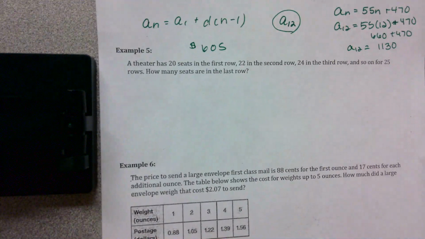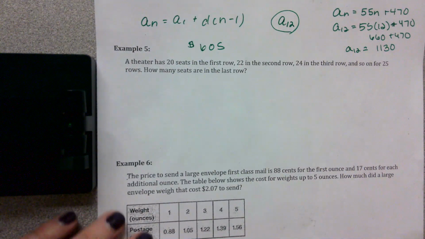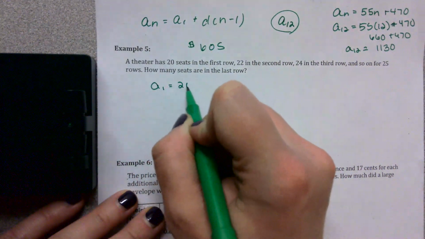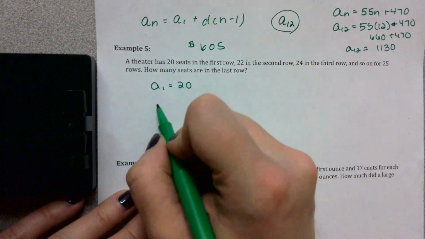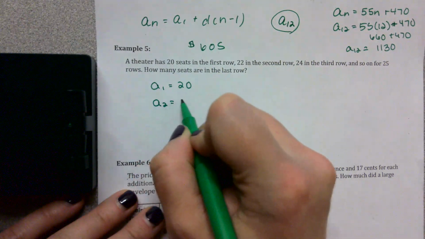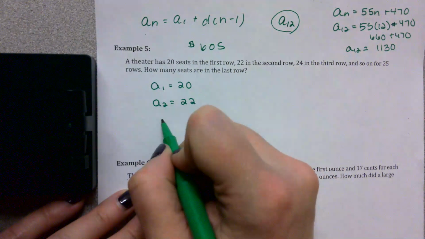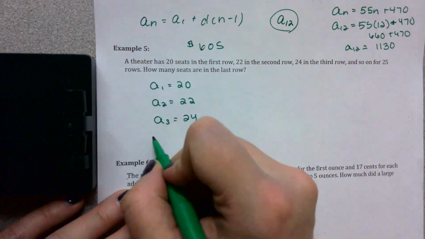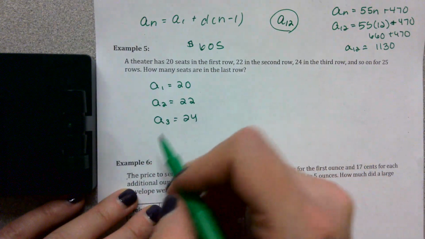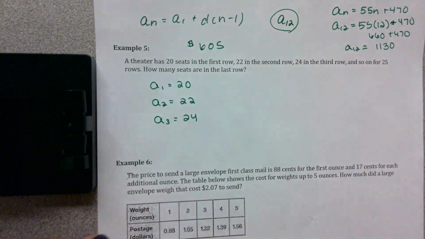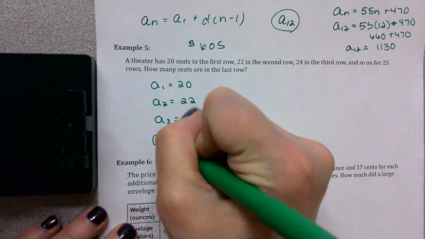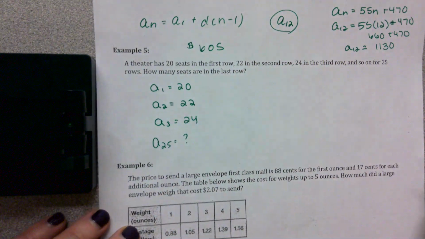All right. In a theater there are 20 seats in the first row, 22 in the second row, 24 in the third row, and so on and so forth for 25 rows. How many seats are in the last row? Okay, so for 25 rows is what they want to know.